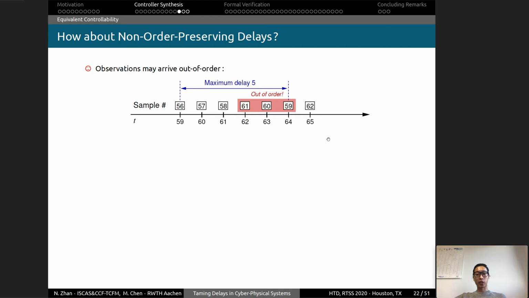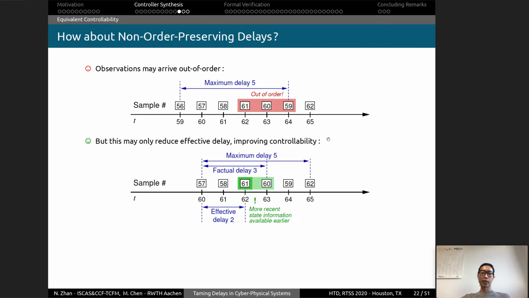But this actually results in a very surprising fact that such an out-of-order delivery of the observation merely reduces the effective delay, and it turns out to improve controllability. Well, the intuition is that whenever we have an observation arrive earlier than in the strict delay case, we actually have more recent state information available earlier, right?